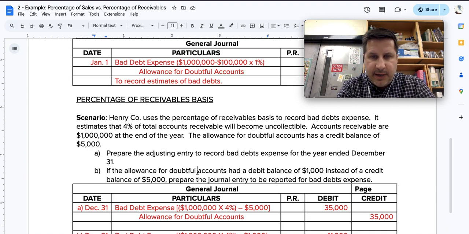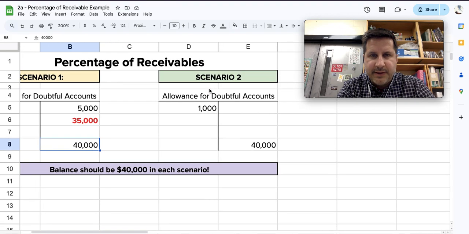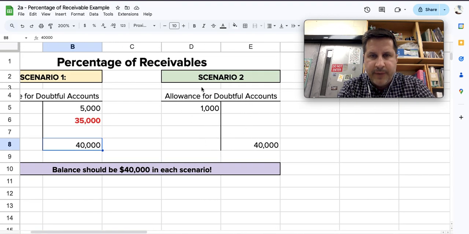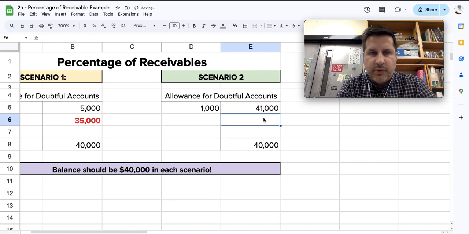In the second scenario, which is separate, we're going to assume now that we somehow have a debit balance of $1,000 in allowance for doubtful accounts. So this is scenario 2 that we are looking at. We know it should be this, but for some reason it's this. So what we need to do is an adjustment of $41,000 in this.